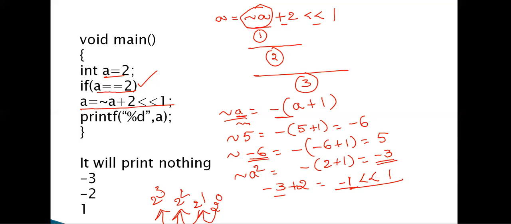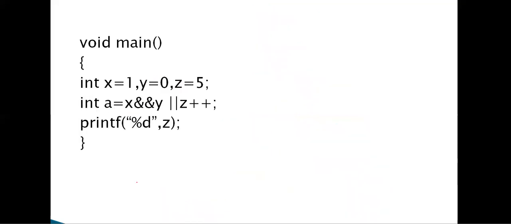Next, it moves to 8, 16, 32, 64, and so on. That means with each and every left shift operation, the value becomes double. So for minus 1, if you are doubling minus 1, what is the value? Simply minus 2. For left shift, the answer is minus 2. So this is the answer. Okay.